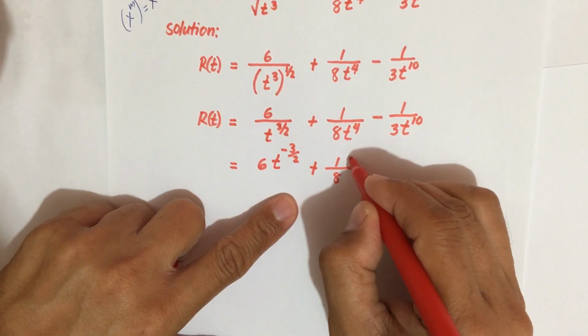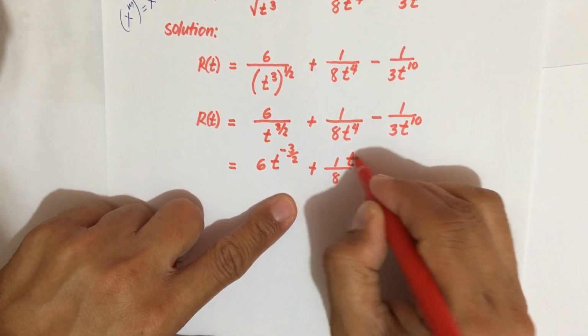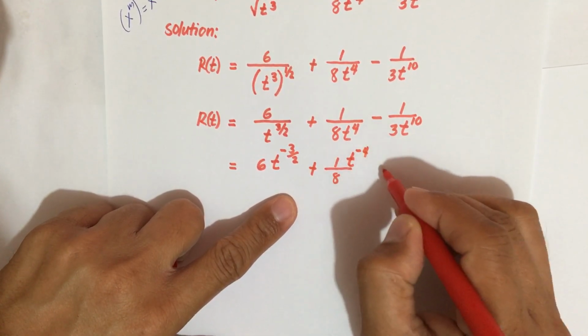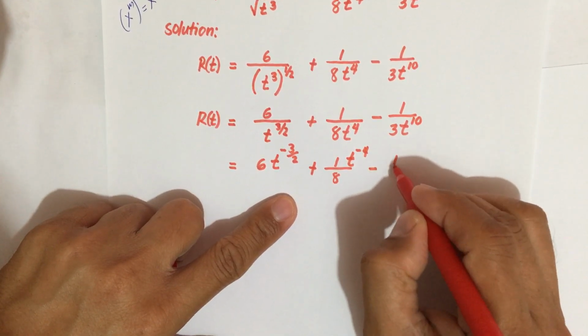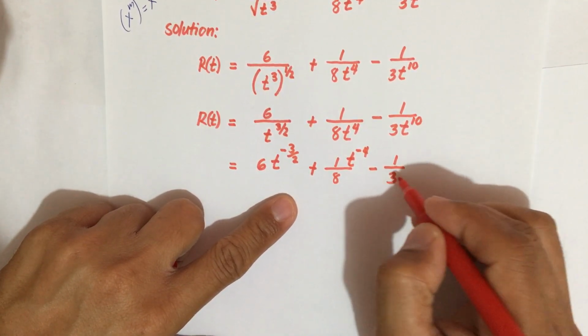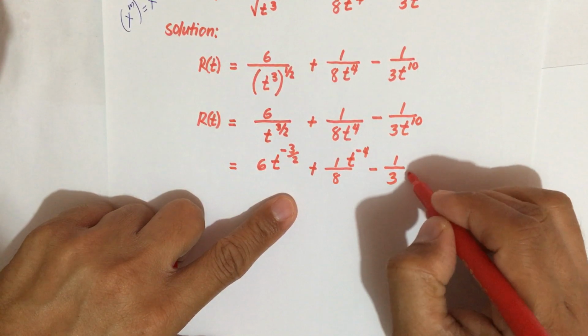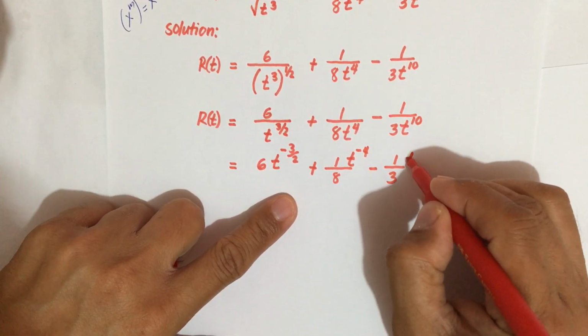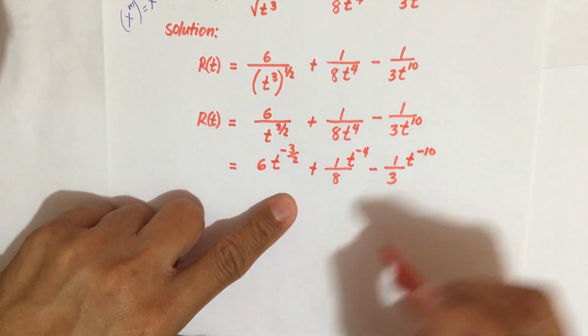So you just bring up the variable, not the constant here. So we have 1 times t to the negative 4th power, minus 1 over 3, where you bring the t above, so t to the minus 10.